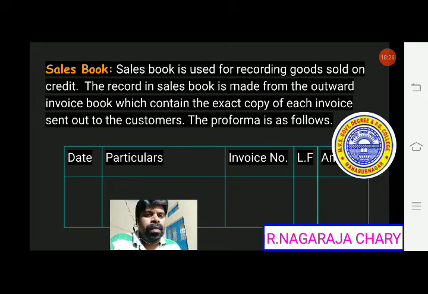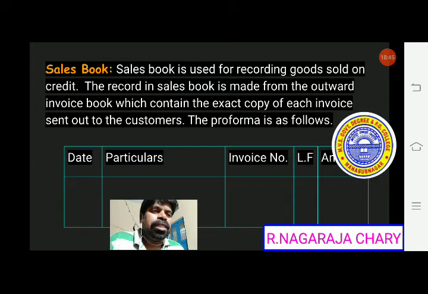So that is why the selling information is recorded at one place. Whatever the sales value, the sales products, that information is to be recorded at one place. For that purpose the sales book is maintained.